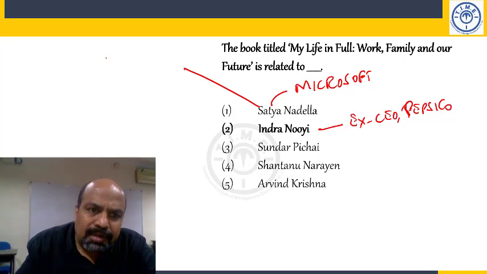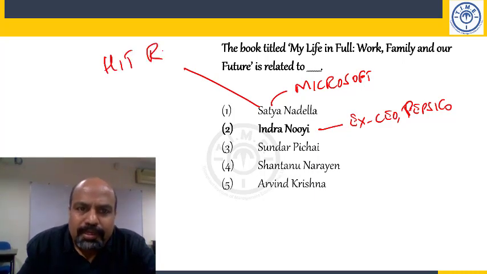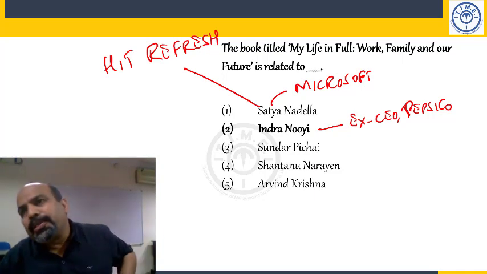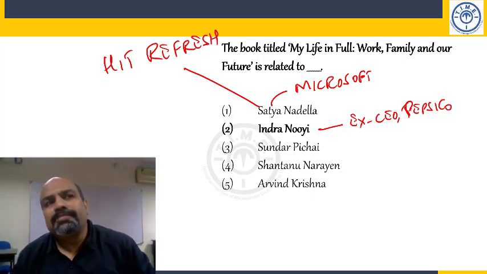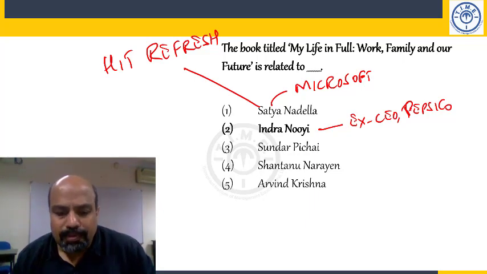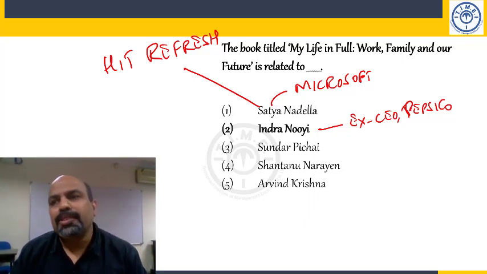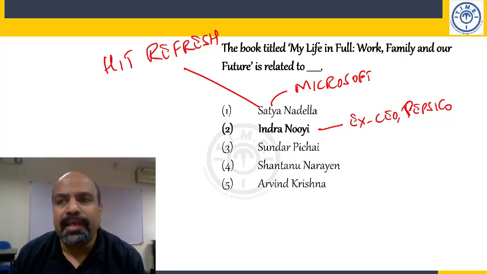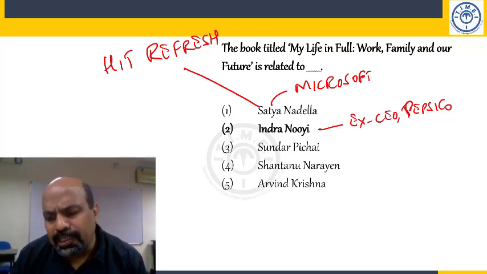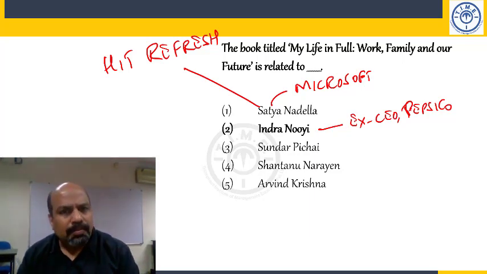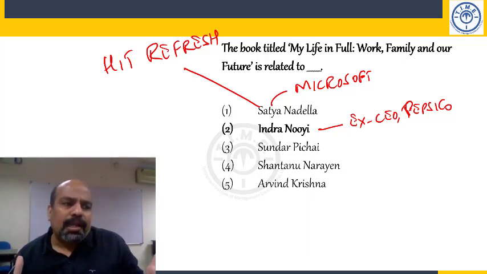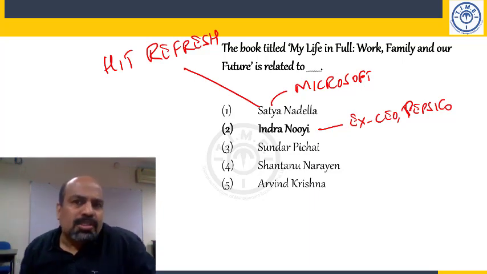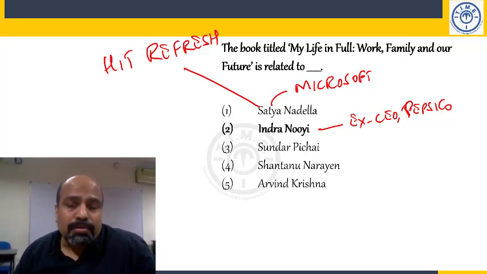It's called Hit Refresh. In this book, he talks of the empathy, why empathy is important for business, and he brings in his family. He talks about his kids, especially his son Zain, Z-A-I-N, who's born with cerebral palsy, who's wheelchair bound, and how technology can help us build a better world is what he discusses in this book.